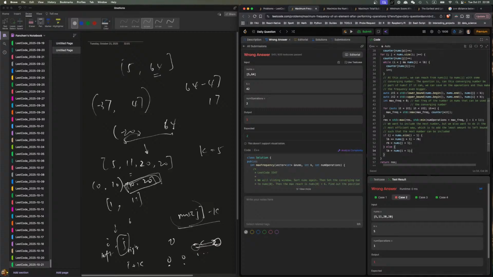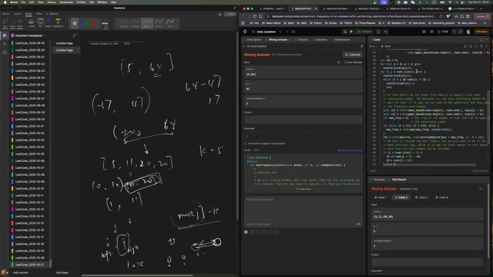That's my next left bound. The more to the right, yeah, because it doesn't really matter. I can just set the left bound to be that one, and then I'll do the same thing.